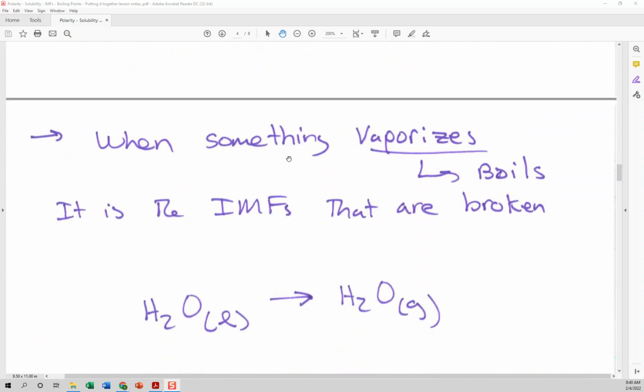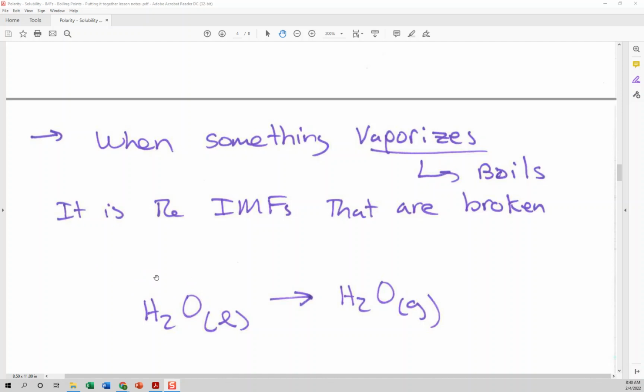All right. So now we're going to tie in intermolecular forces and boiling points, okay? So when something vaporizes, when something boils, right? If we're thinking about water vaporizing, it goes from liquid to gas. Understand what's being broken. What has to happen? The water molecules have to move fast enough that the water molecules separate from each other. Well, what's holding water molecules together?